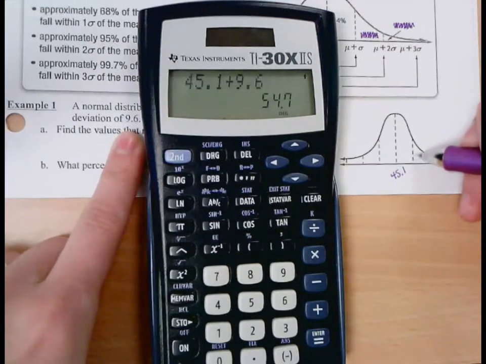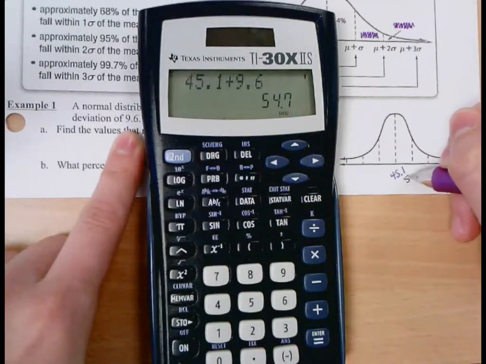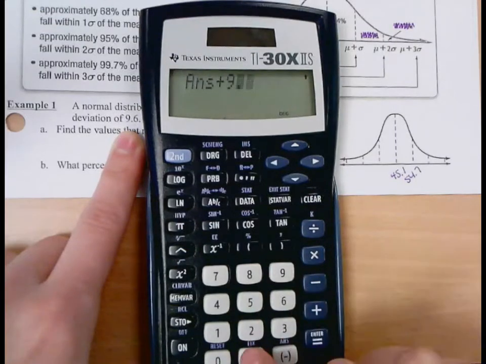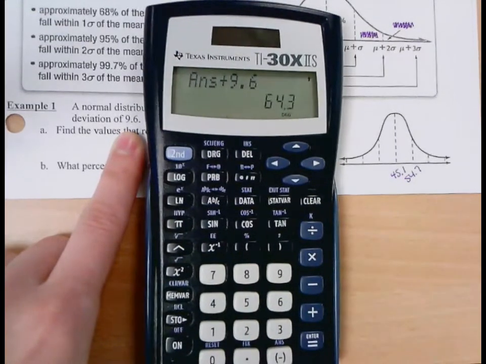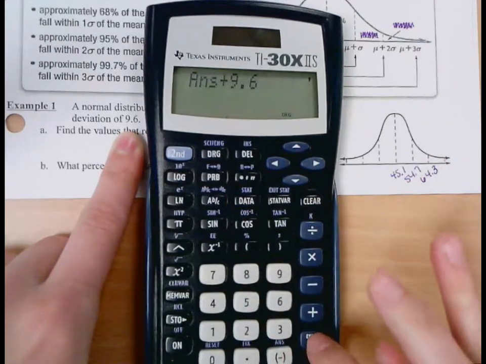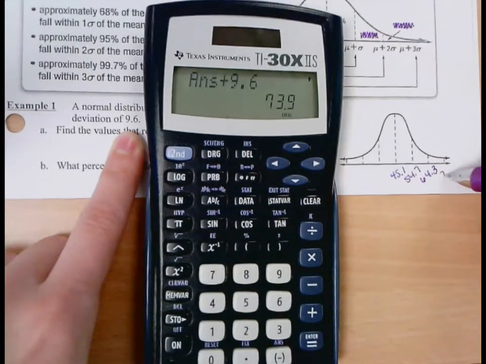So the first line to the right of the mean is 54.7. Then I keep going to the right, adding another 9.6. So 2 standard deviations away is 64.3. Then I add another 9.6, and 3 standard deviations away is 73.9.